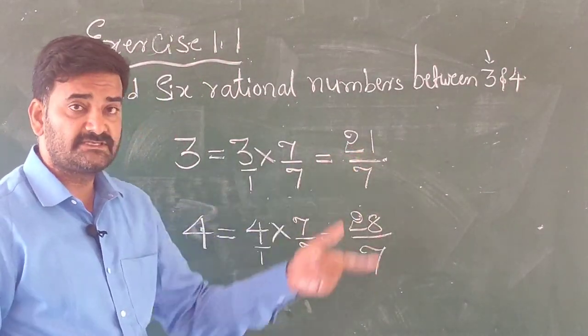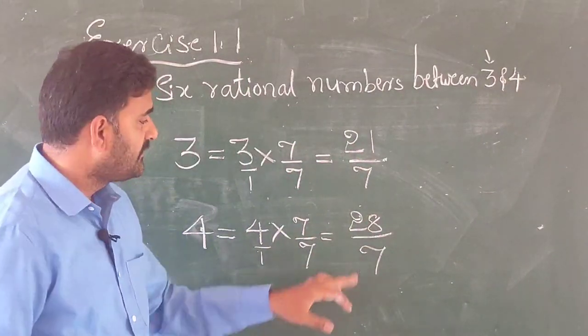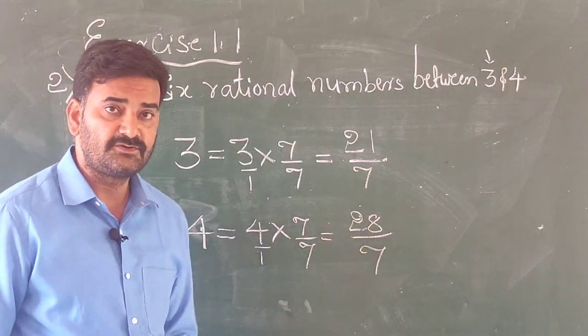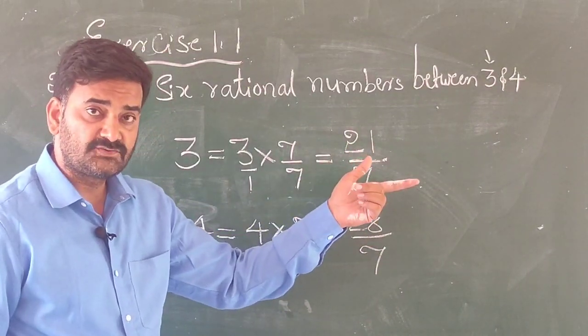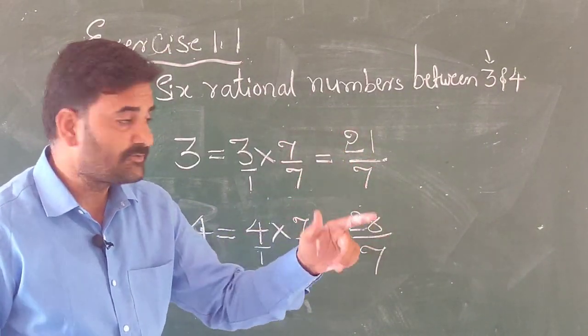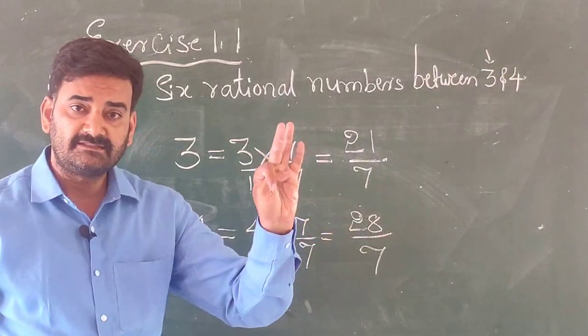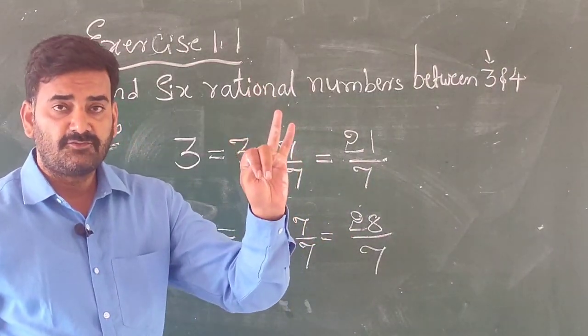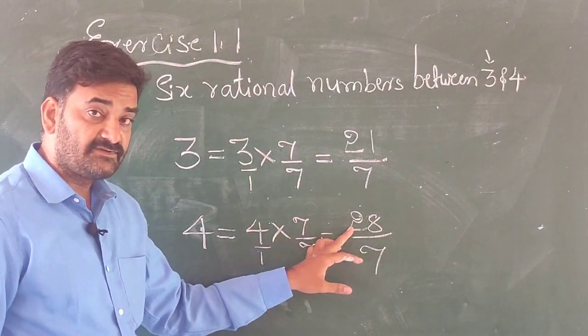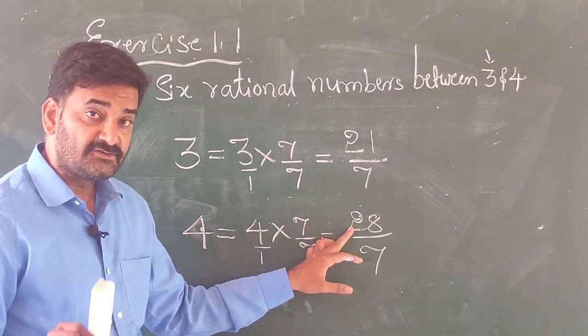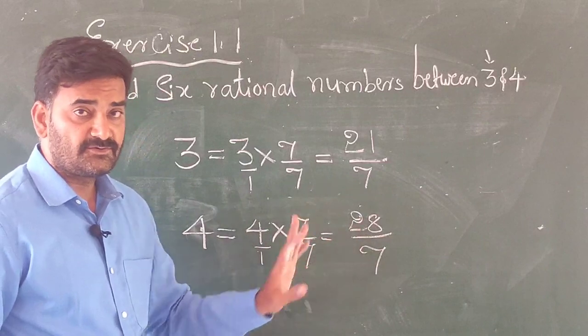After 21, which number? 22. Up to before 28, you are going to write the numbers. After 21, 22 by 7, 23 by 7, 24 by 7, 25 by 7, 26 by 7, 27 by 7, not 28.